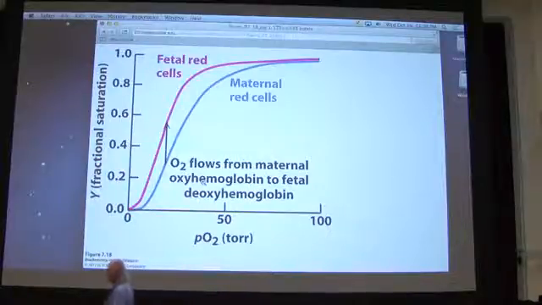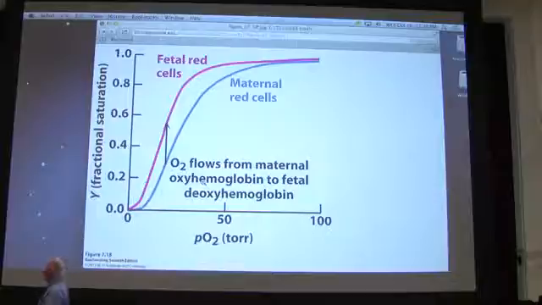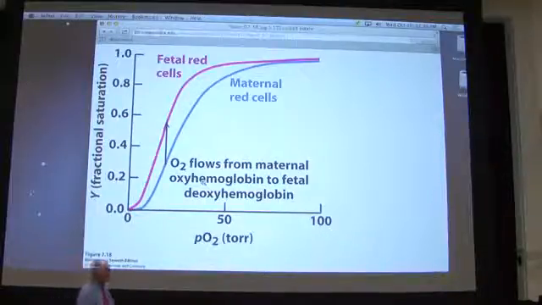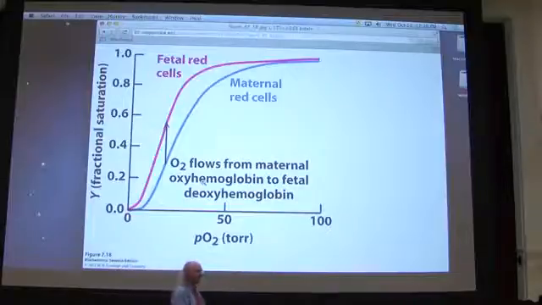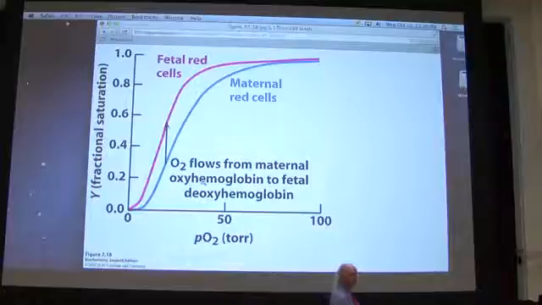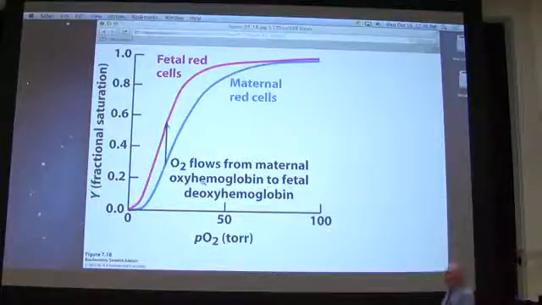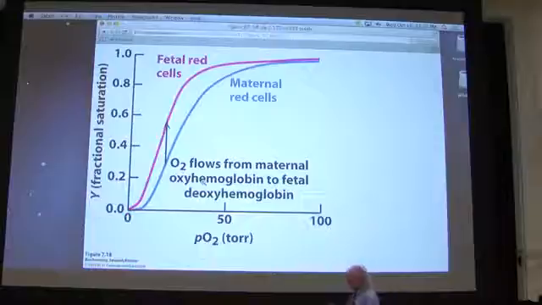Adult hemoglobin is, as I said, alpha 2, beta 2. That's the 4 subunits that we find in there. In the fetus, the beta subunits are replaced by similar subunits called gamma subunits. Those gamma subunits cause the overall shape of hemoglobin to change very, very slightly.